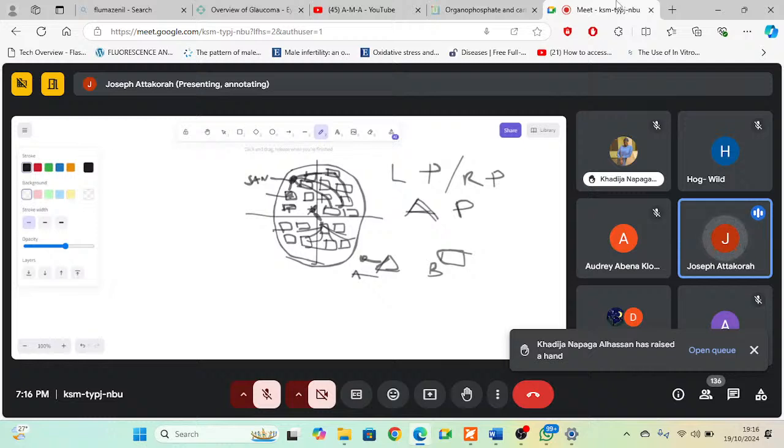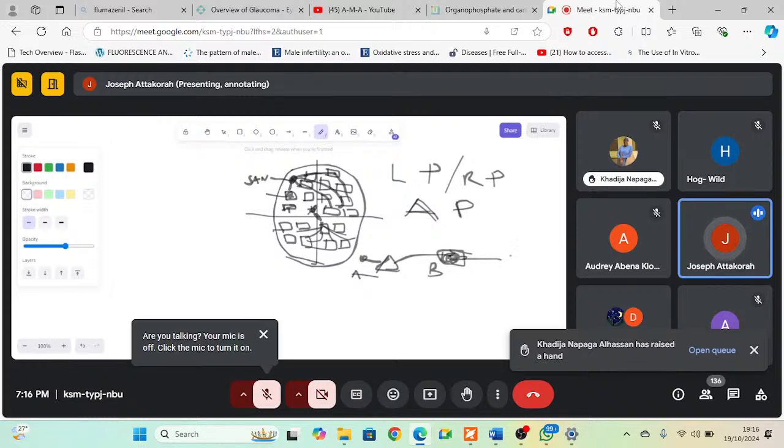After stimulation, myocyte A will release impulses to myocyte B. Then after stimulating, B will release impulses to myocyte C.